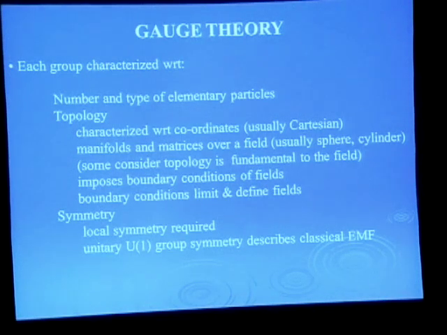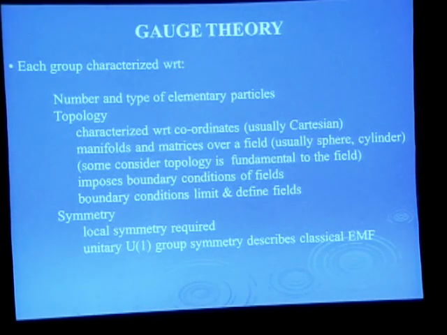This is going to be important in a minute, so hang with me on the physics part for a moment. The topology refers to the shape of the space, like I was talking about before, usually a sphere, or technically it's called a manifold or a matrix, which defines the field.